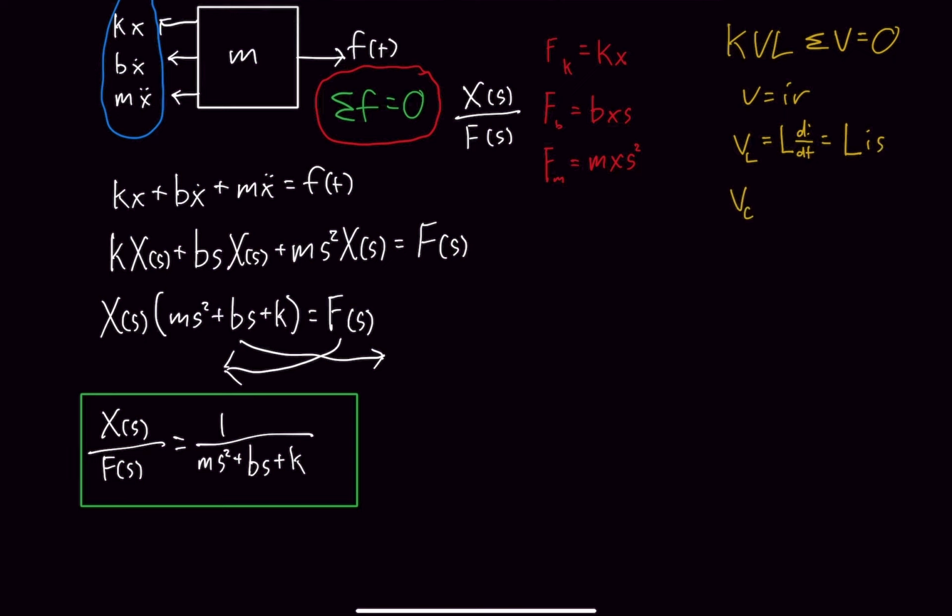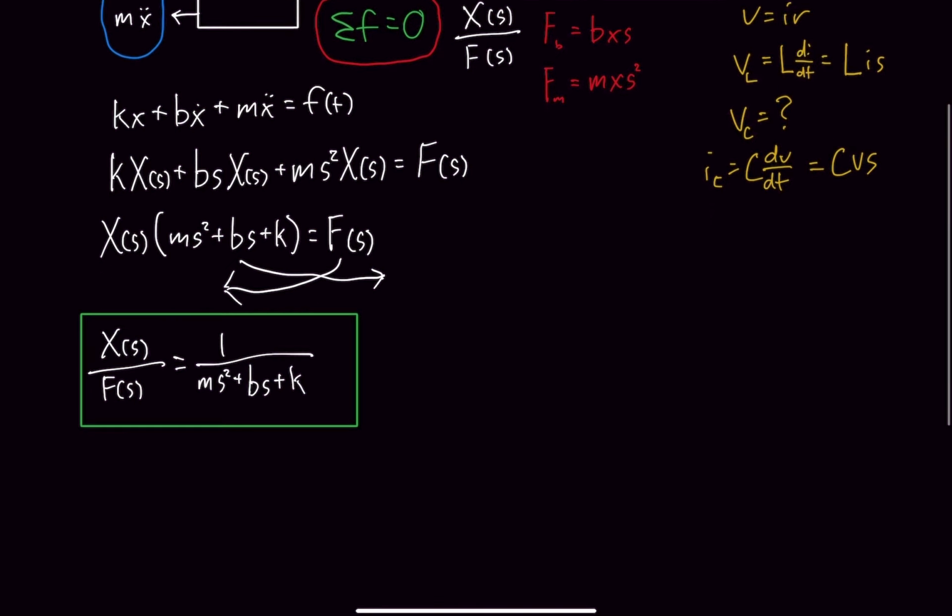And what's the voltage across a capacitor? Well, I know that I_C equals C dV dt, which is also equal to CVs. So let me isolate my voltage.